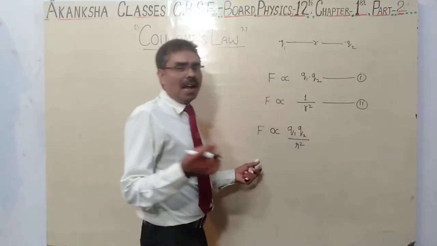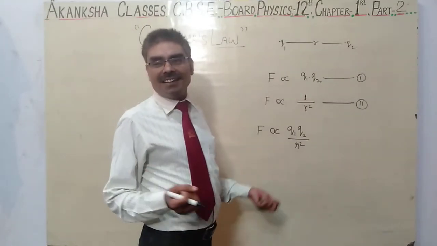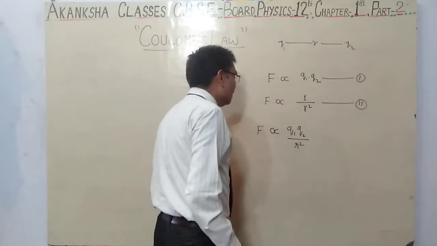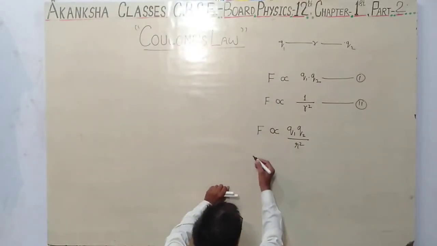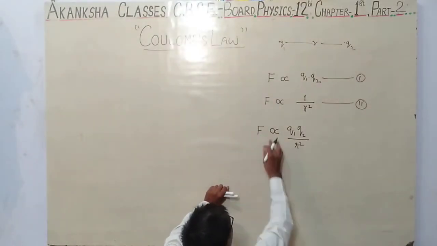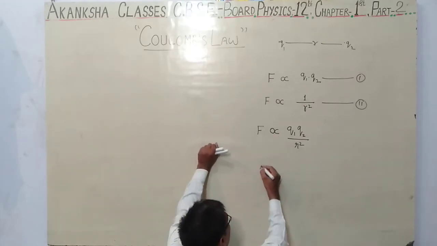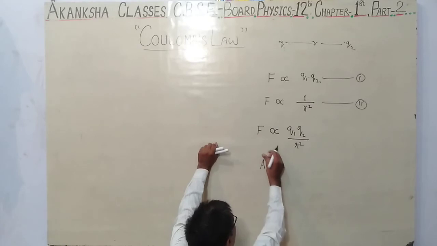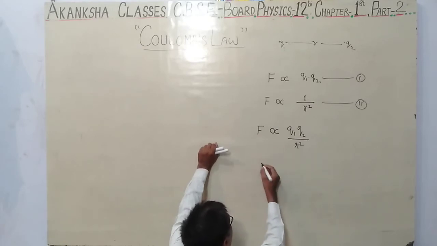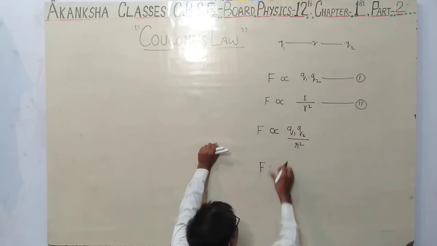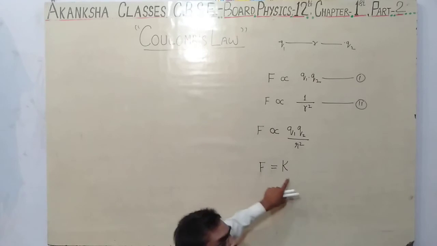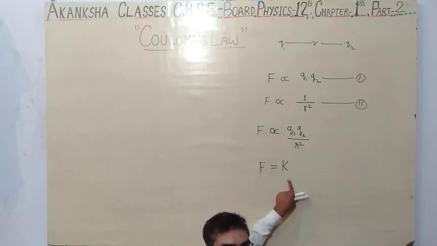Students, we often used to do something strange since class 9 and knew that we have to remove the sign of proportionality, and as soon as we remove the sign of proportionality, we will get a constant, that is called the constant of proportionality.